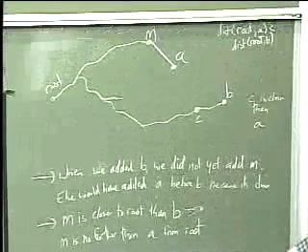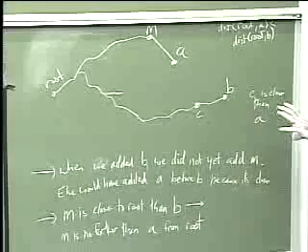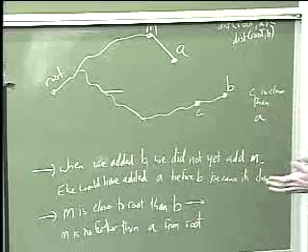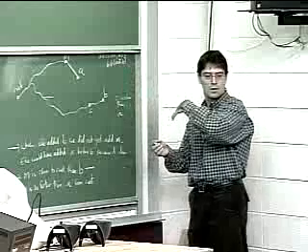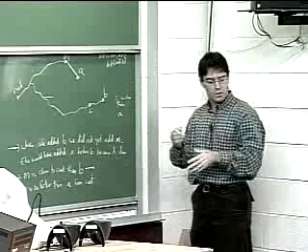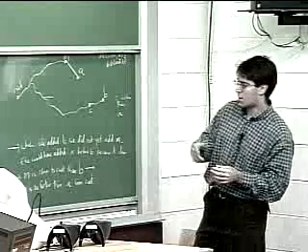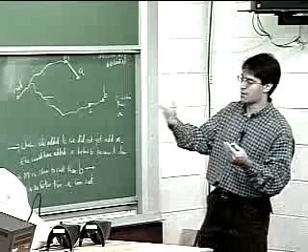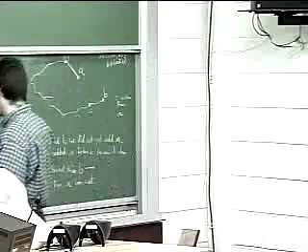Okay, so if M is closer than A, then that's already a contradiction because A is supposed to be the furthest node that was added out of order. We said let A be the first node for which this happens, that it's added out of order. Or I shouldn't say the first node, I should have said the closest.